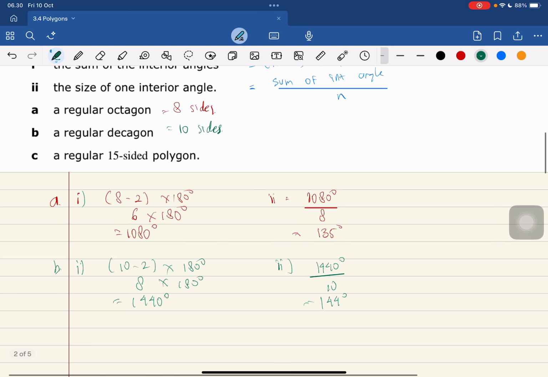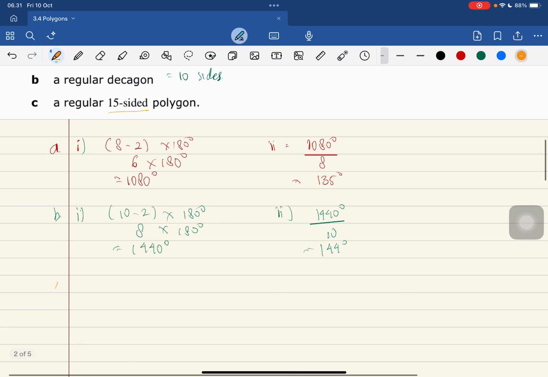Okay, for C, they provided us 15 sides. For the sum of interior angles, 15 minus 2, then we multiply it by 180 degrees.